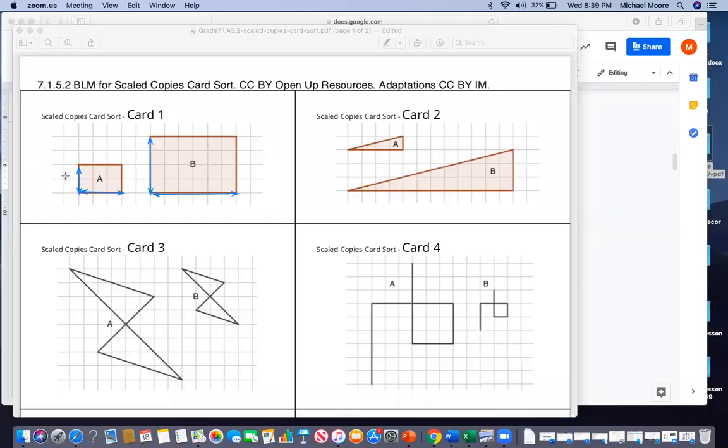So smaller figure A we see is getting larger, so we know we're going to multiply this figure by a number larger than 1. We had 2 in our denominator and 4 in our numerator. So we have 4 over 2, and that reduces to 2.